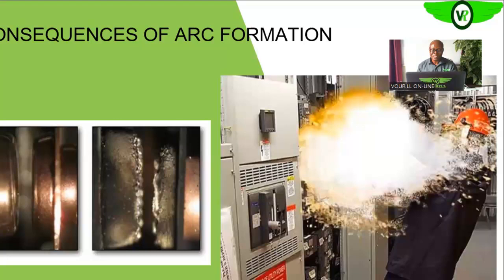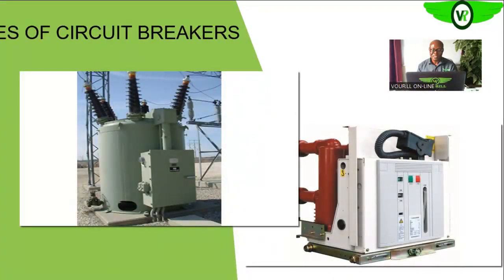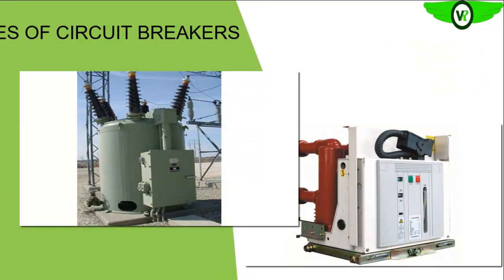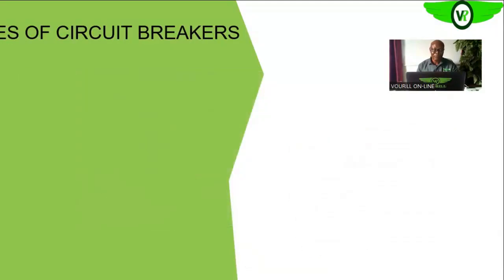So the circuit breakers, the various types that we have that operate in the medium and high voltage environment, are circuit breakers whose namings are informed by the kind of arc quenching medium they actually deploy.